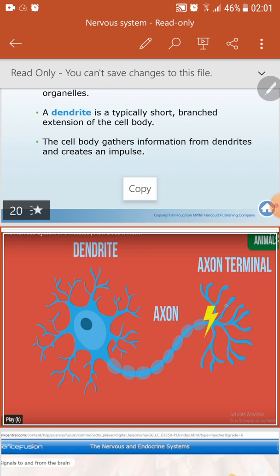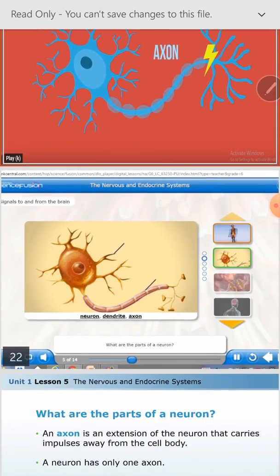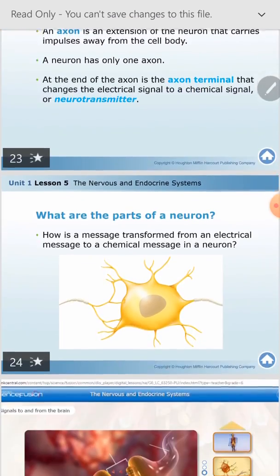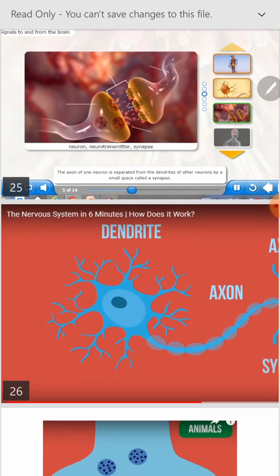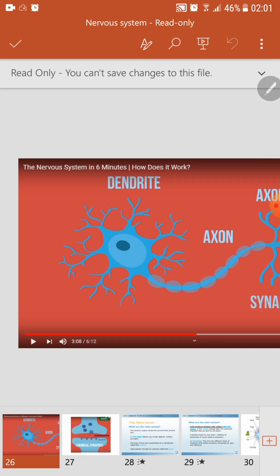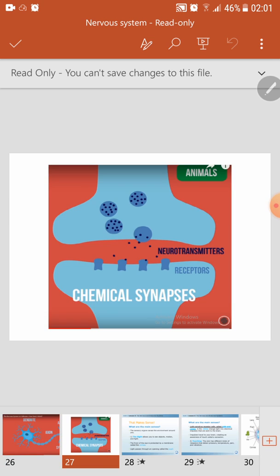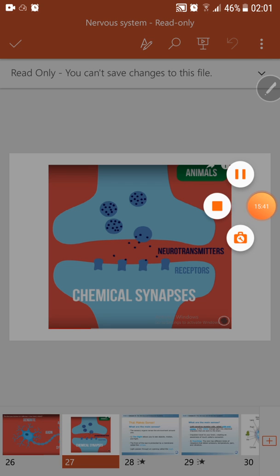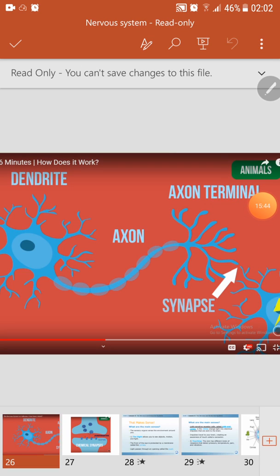Okay, from the axon terminal, what will happen to this impulse? This impulse will continue moving from the axon terminal to the dendrite of the next cell.